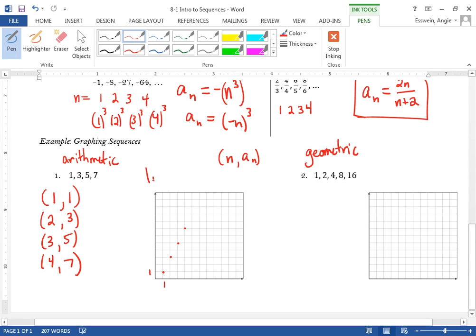Exactly, it's linear. Now, here the interesting question is, does it make sense to connect these in terms of this problem? Is there meaning in between the points, or should I leave it as discrete? So it's just discrete or continuous. Do I connect them and make it continuous, or do I leave them and make it discrete?